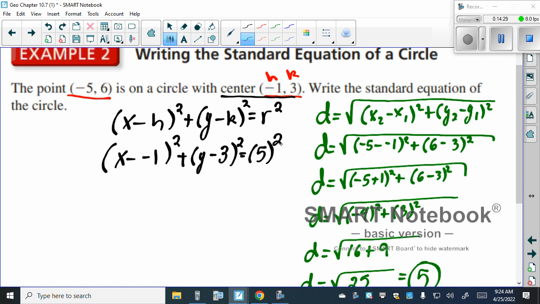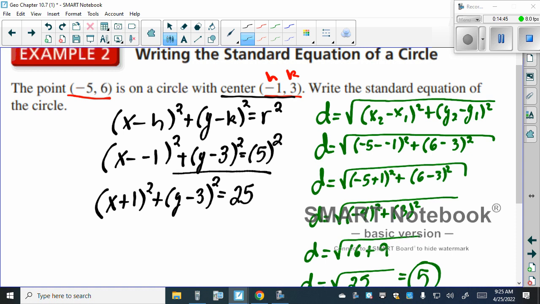Now we do need to simplify this in a few places. X minus -1 is going to be x plus 1 squared plus y minus 3 squared is equal to 5 squared, which is 25. And this here would be our equation.